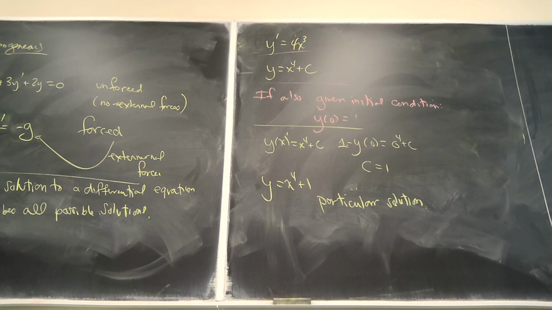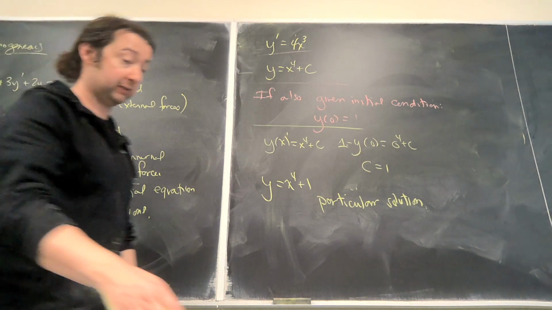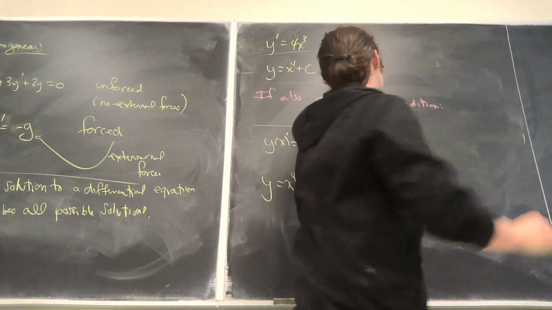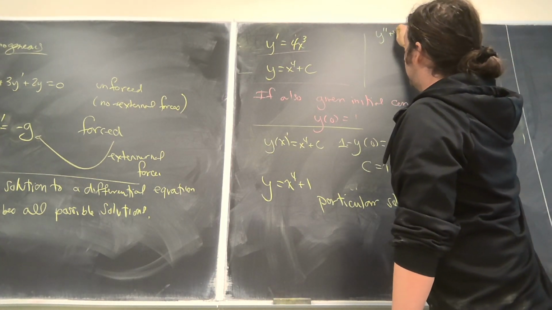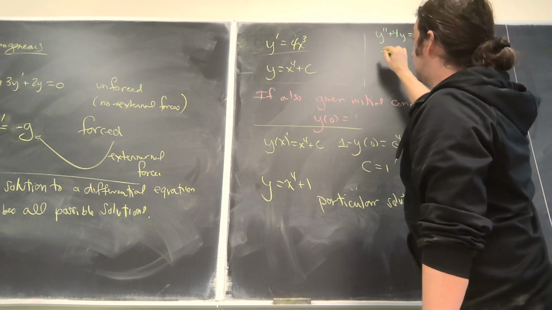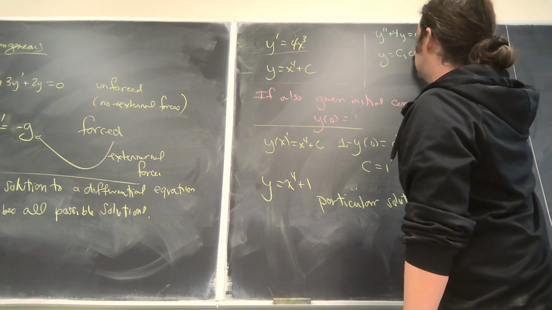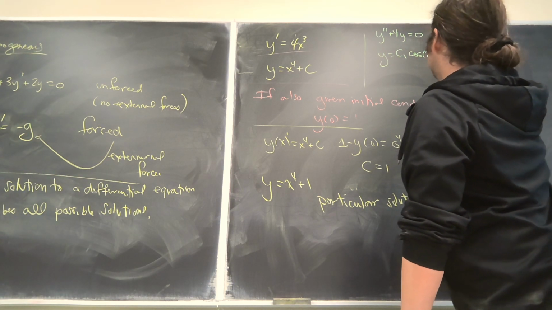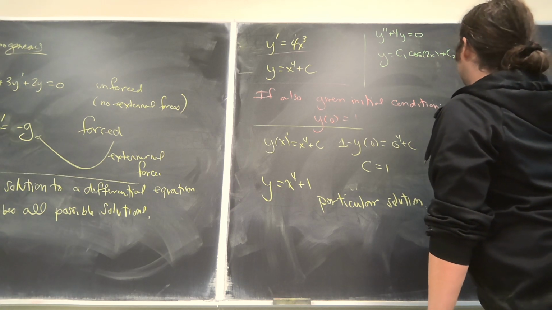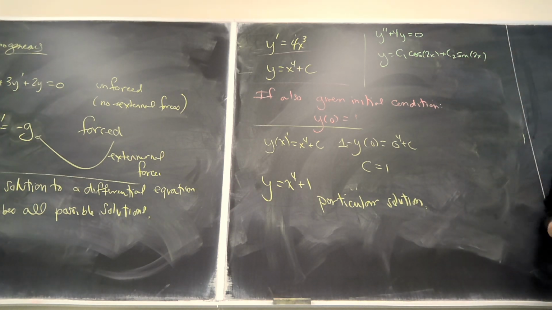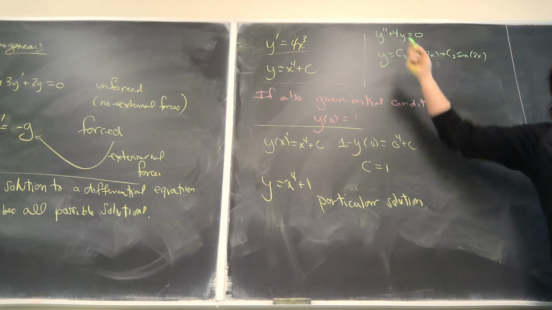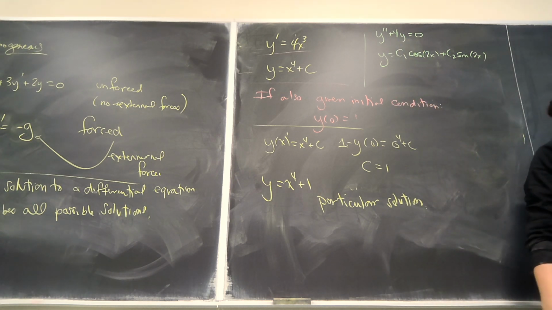So the big questions that we're going to deal with in the later part of the class, now that we've got some terminology. When I wrote down earlier y prime prime plus 4y is equal to 0, I told you that the general solution was c1 cosine of 2x plus c2 sine of 2x. I am claiming every possible solution to that differential equation looks like that.